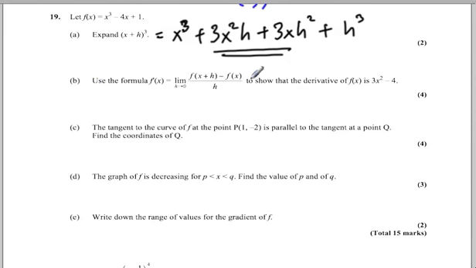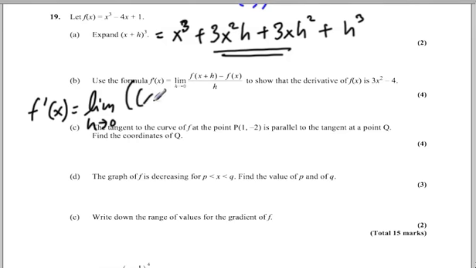Use the formula, this is the definition of the derivative, to show that the derivative of f of x is 3x squared minus 4. So it's going to be a lengthy process, so I'm going to show it this way. So f prime of x is the limit as h goes to 0 of f of x plus h. In other words, for each of the x's, we're going to put x plus h. So I'm just going to put a bracket here to represent x plus h.